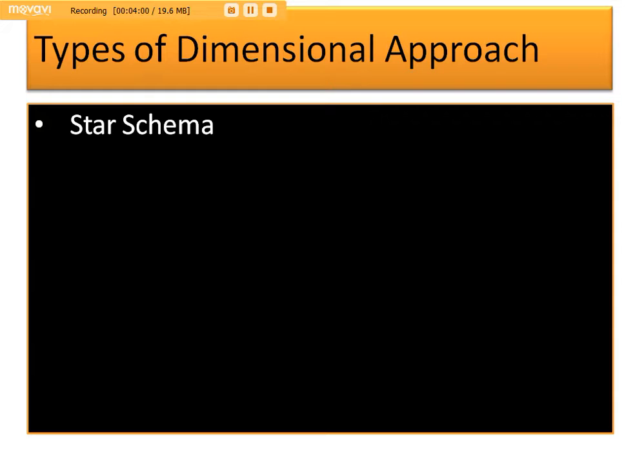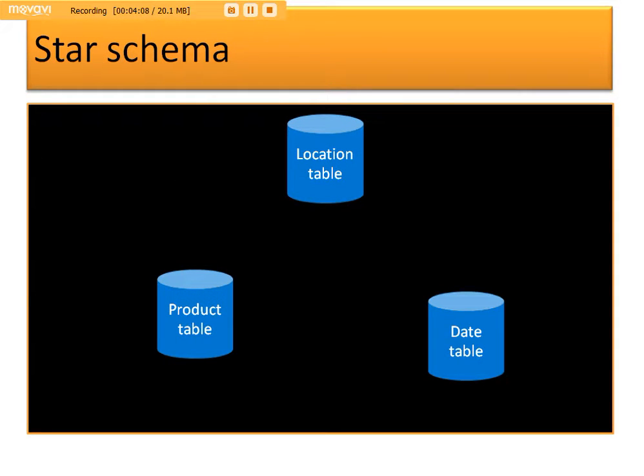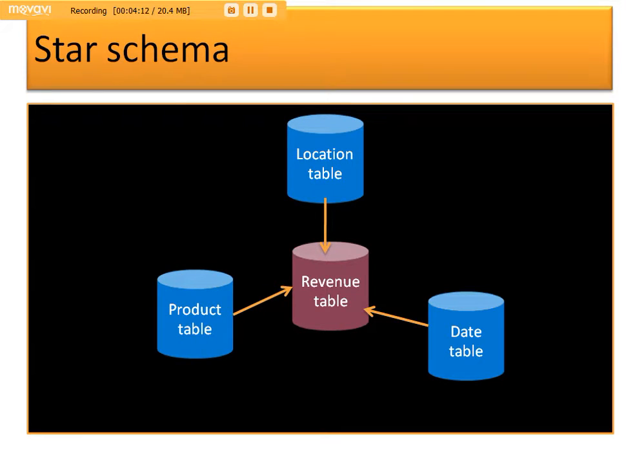What are the types of dimensional approach? Star schema and snowflake schema. Let's start with the star schema. The star schema looks like a star. Here you can see the fact table sits at the center point, and the dimension tables are mapped surrounding it.